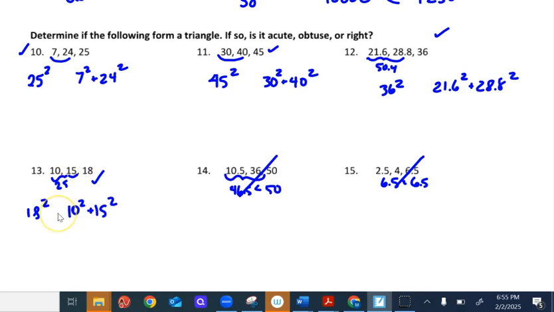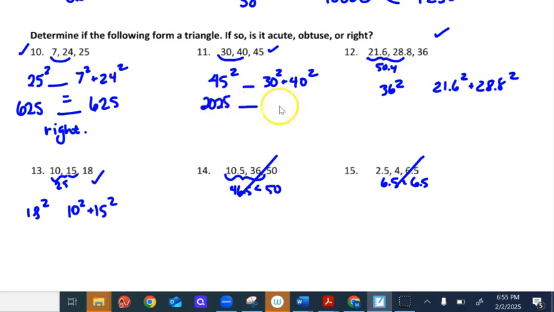Okay, in this first one right here, 25 squared is 625. What do we get on the right side? We happen to get 625 as well. So we've got a right triangle. In this case, what do we have here? For the 45, we have 2025.